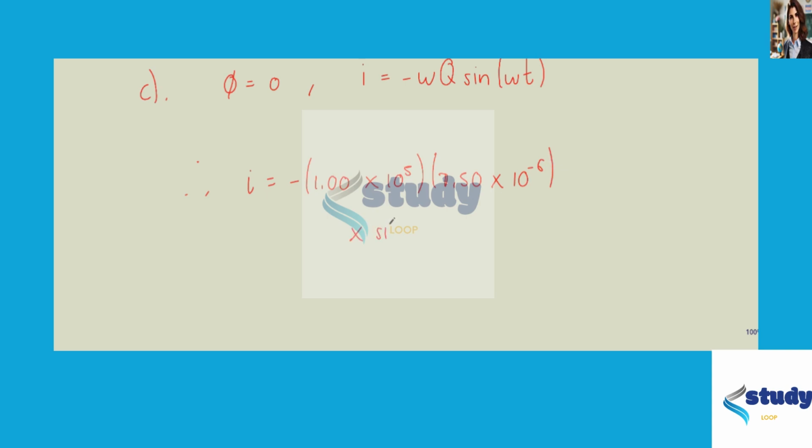multiplied by the sine of omega times t, which is 1 times 10 to the 5, and time is 2.5 times 10 to the minus 3 seconds.